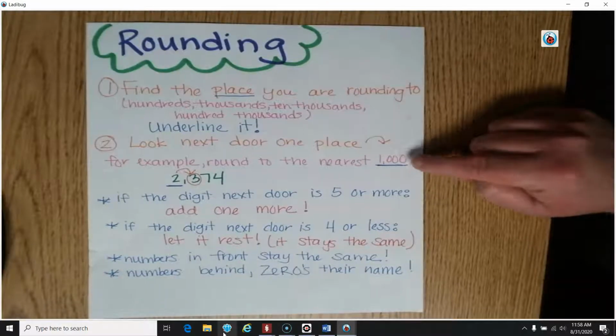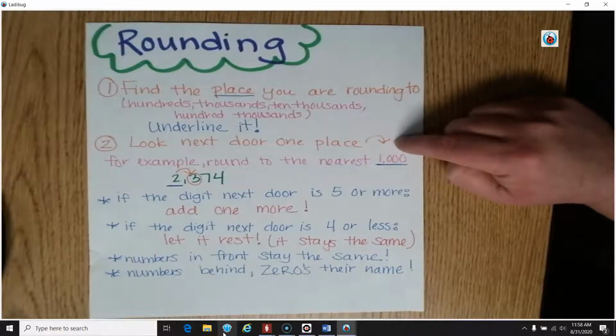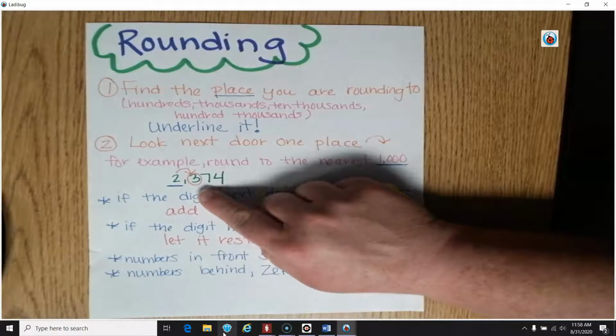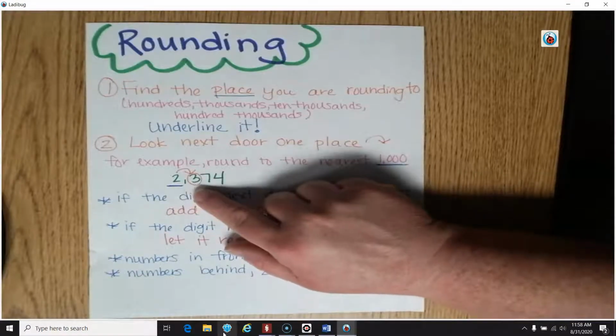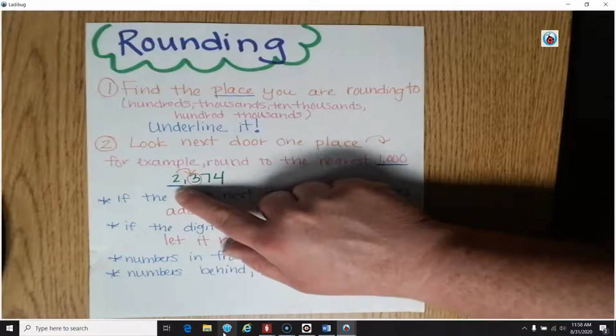From the place we're rounding to, which is the thousands in this example, we're going to hop over to our hundreds. So I have drawn the little arrow and circled because this digit that's next door to the place we're rounding to is the one that's going to tell us whether we round up to the next 1,000 or down to this 1,000.